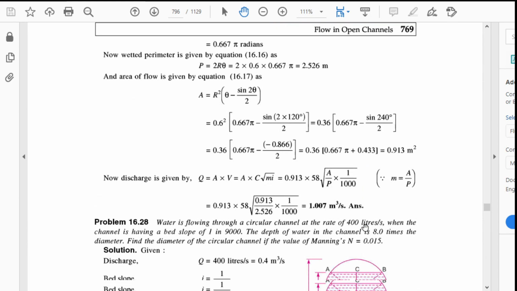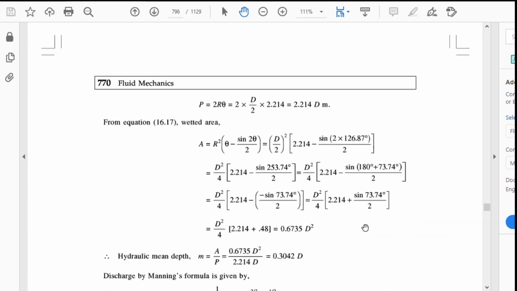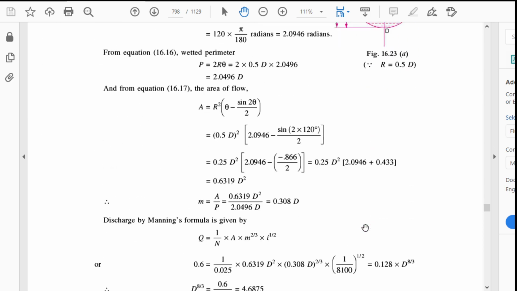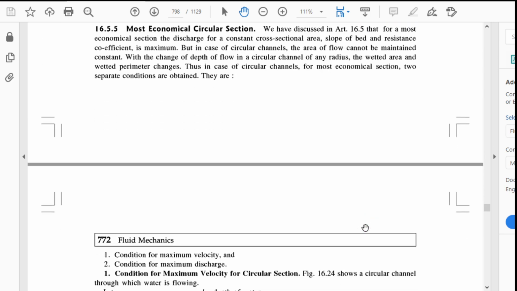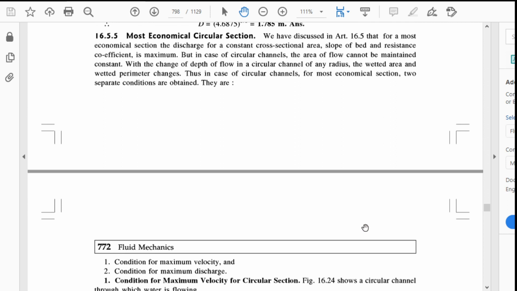Now we'll move further to the most economical circular channel section. These examples are very similar to the previous one, so I'll skip that and move further to the most economical circular section.